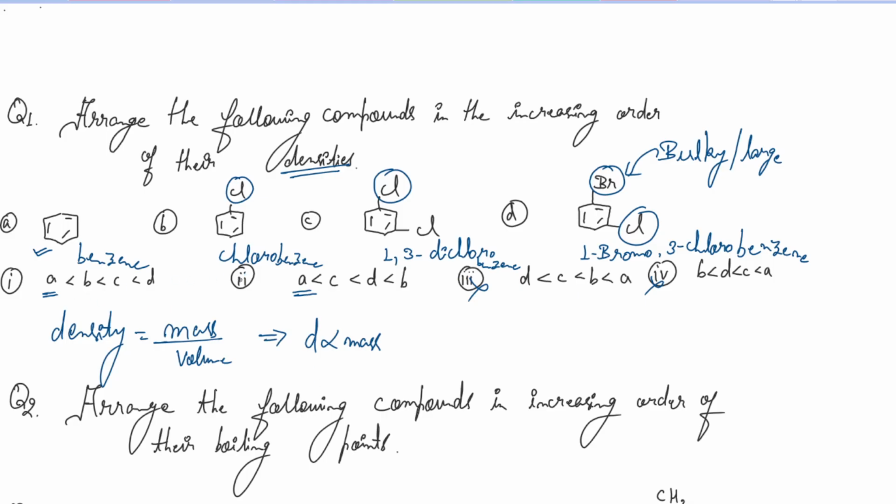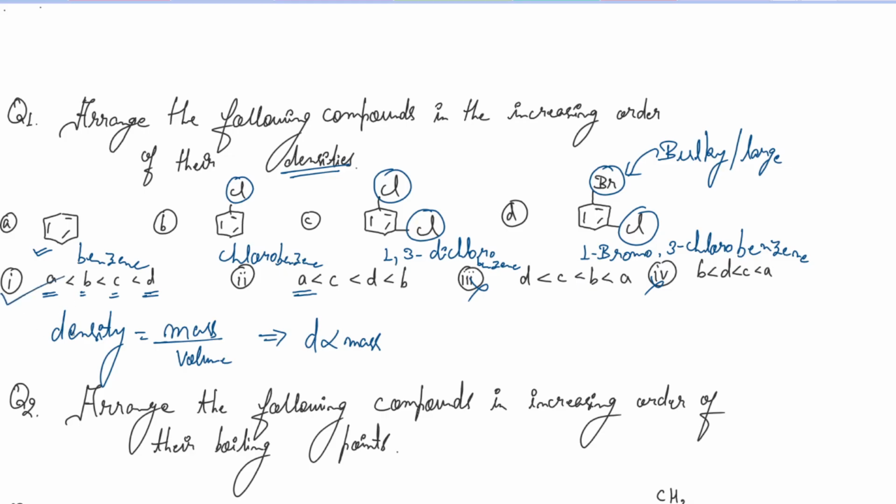So we have options A and B. Now, D has the two large groups, so D should be higher in mass. Its mass should be the highest. Then we have C, because we have 2 chlorines, and then we have B.